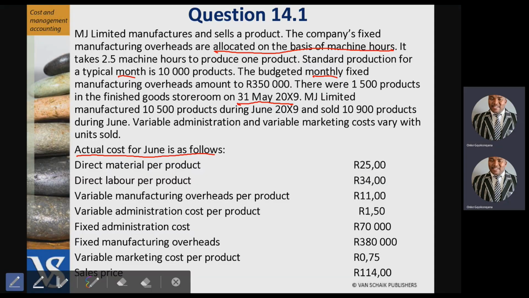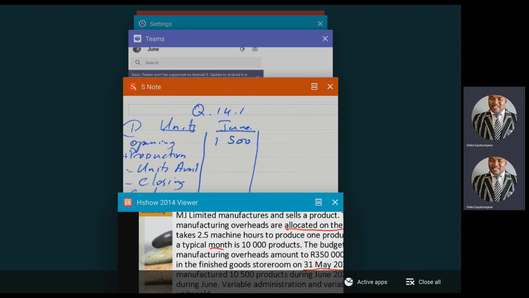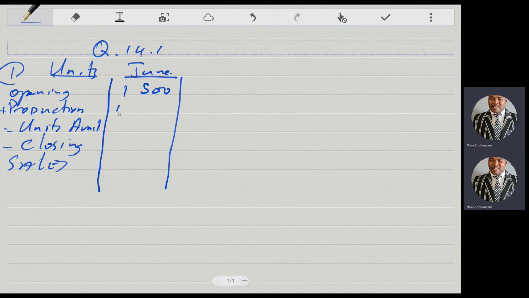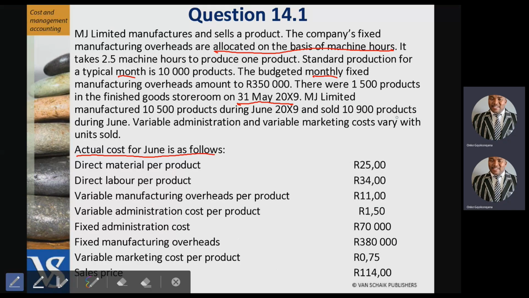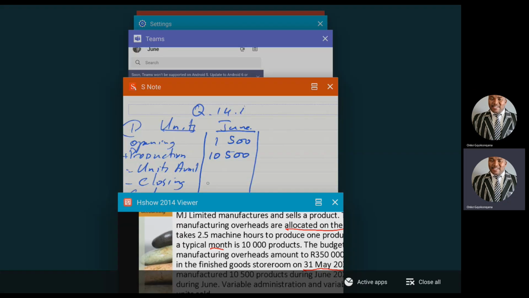In the month of June, how many units do we produce? MJ Limited manufactured 10,500 products during June 20x9. Production is 10,500. What else is given for us? And sold 10,900 products during June. So we do have that information about sales, 10,900.